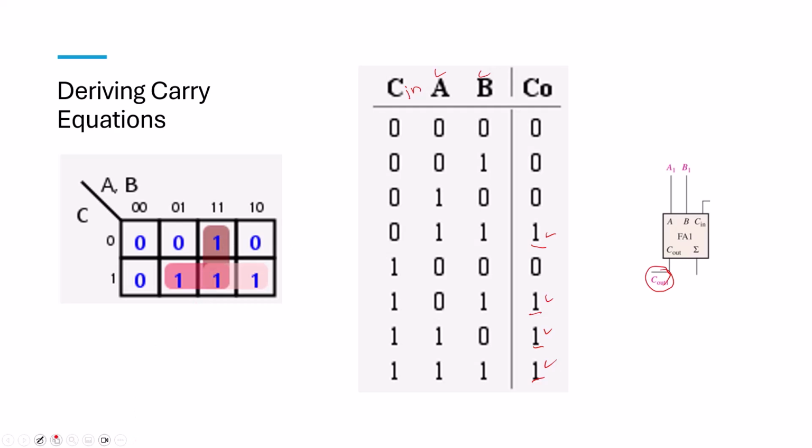Let me highlight them in different colors so we can see them. So we have here one group, right? And then we have another group here. Right?